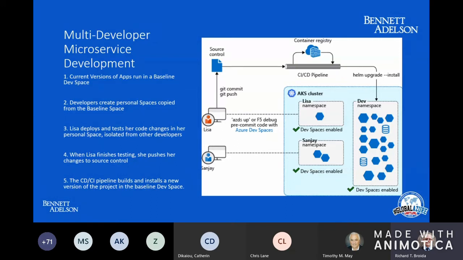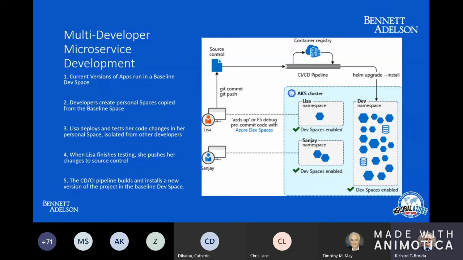Well, when they want to deploy it into the Azure Dev Space environment, they will publish it or deploy it into a personal space that they've created for themselves, separate from the dev space, so that no one except them can see or be affected by the code that they're working on. But that personal space will be tied back to the dev namespace so that any parts of the solution that are running in the cluster that they're not working on will be available through the shared dev namespace, and they can incorporate that automatically into their personal space.